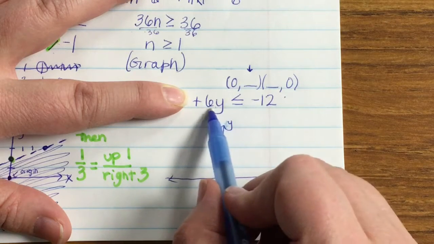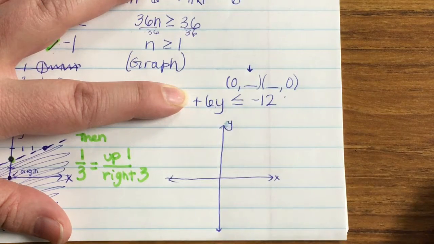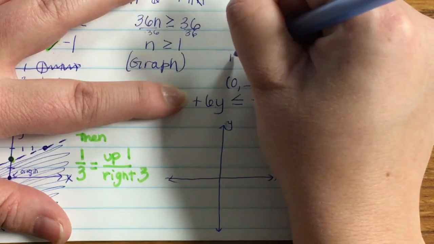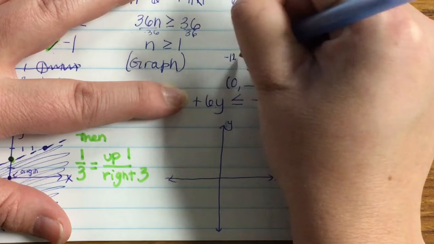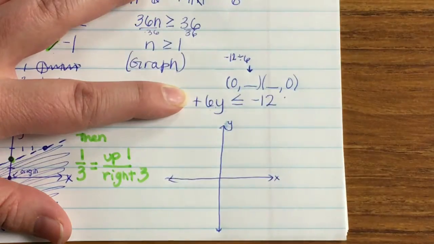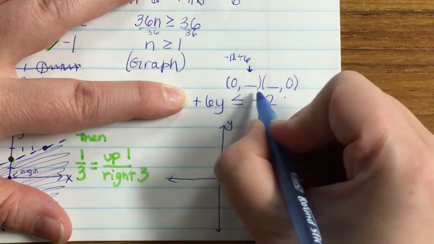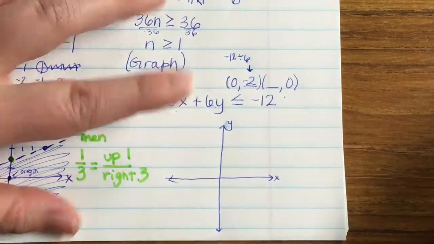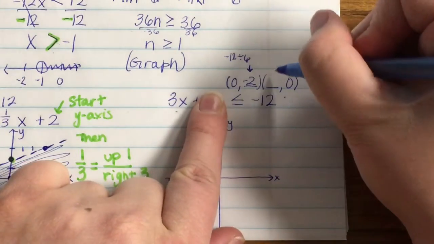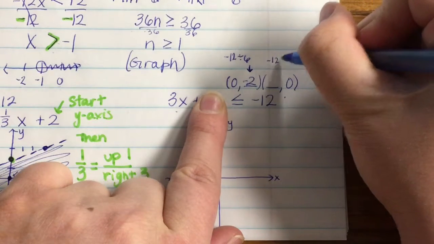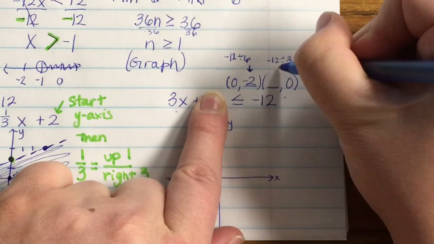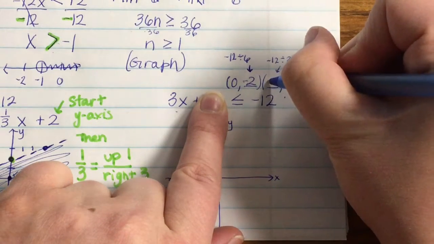If I did 6y is less than or equal to negative 12, what am I going to have to do to solve for y? You're going to do negative 12 divided by 6, and what do we get? Negative 2, good. And when we cover up the y, we're going to do negative 12 divided by 3, which is what? Negative 4.